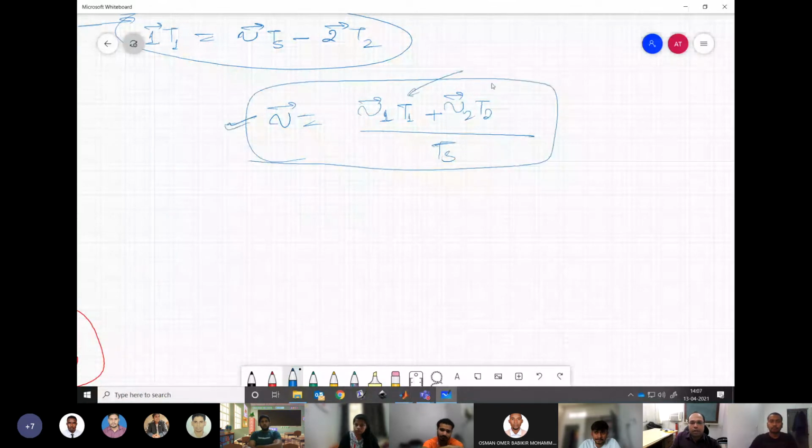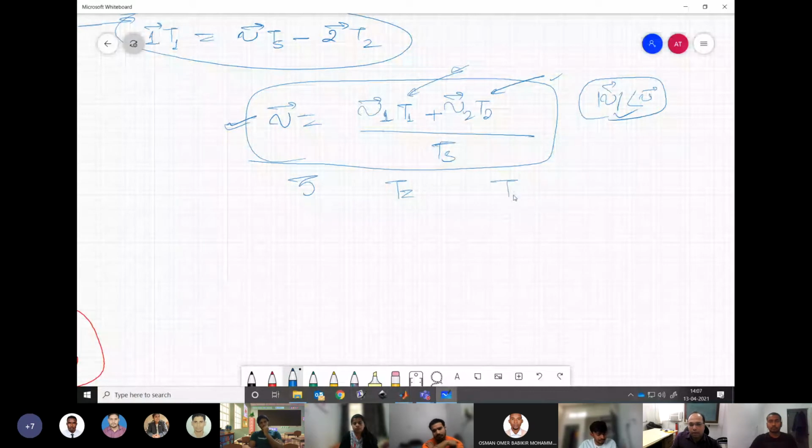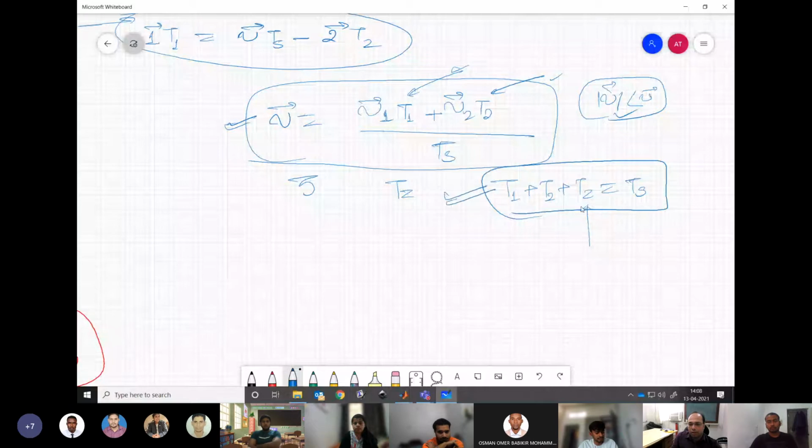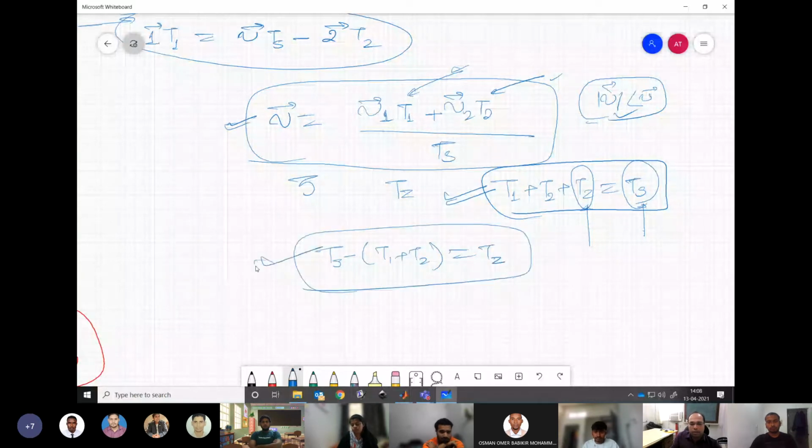Here both T1 and T2 are independent, based on the magnitude of V and the angle of V. So we have a third variable called Tz, which is essentially required to have a constant switching cycle. This is what we have seen. The purpose of Tz is only to have constant switching cycles. Whatever is the gap, Ts minus (T1 plus T2), is allotted to Tz. This is how we realize this.